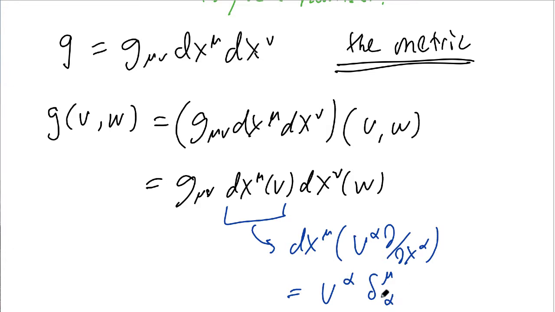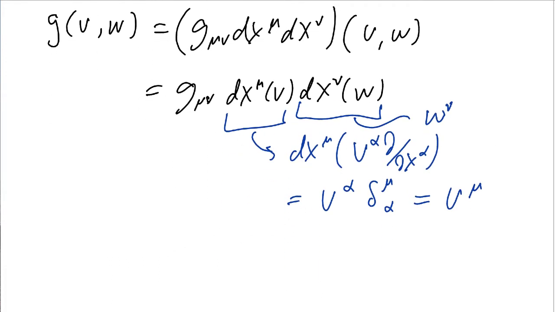And now in the sum over alpha, the only term that survives is the term in which alpha is equal to mu, so this is v mu. Okay, and likewise, this is w nu. Right, so when we carry out this calculation, we find this is equal to g mu nu, v mu, w nu.